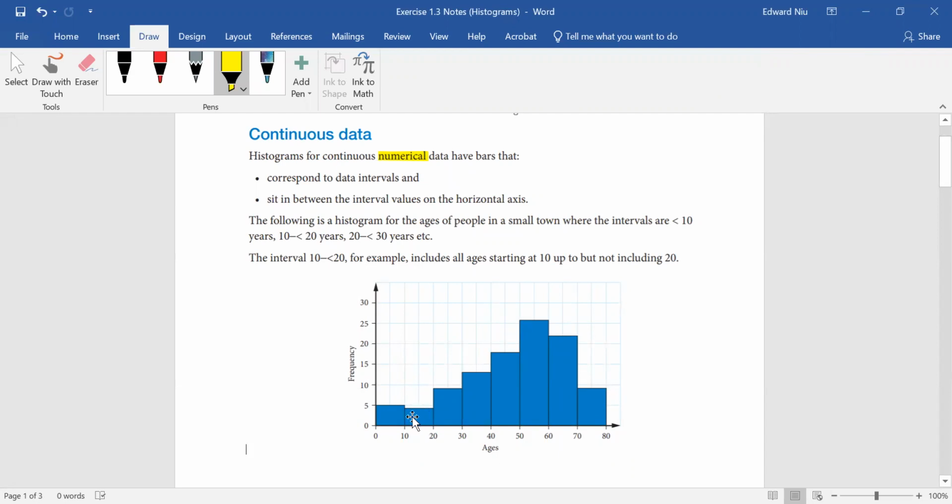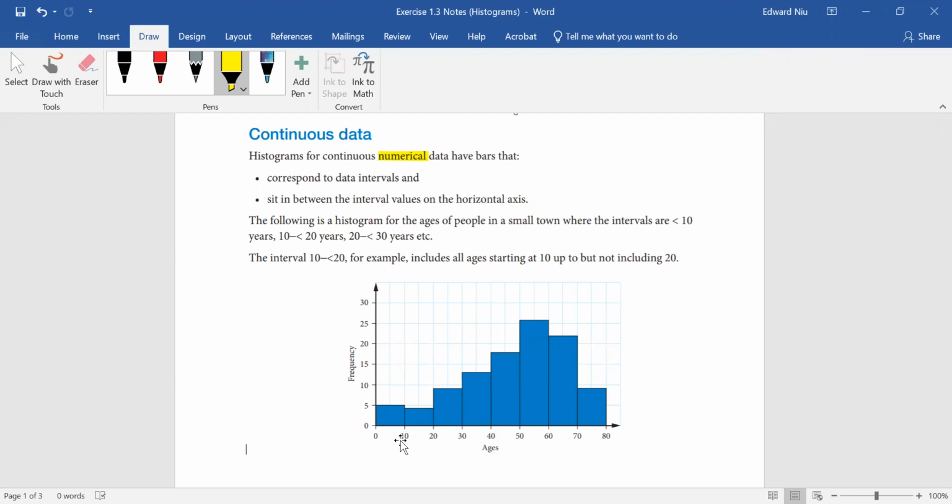All right. And what you notice is it's hard to be exact with these continuous histograms. We don't know their exact ages, but we do know in this survey, whatever it might be, we have 5 people between the ages of 0 and 10. What specific age? We don't know. That's one of the downsides of these continuous histograms.